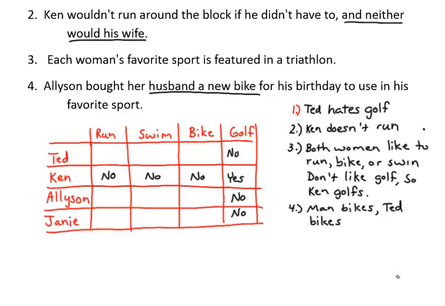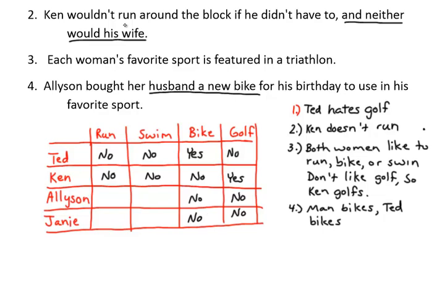So we'll put yes for Ted biking. So that means that he doesn't swim and he doesn't run. And so Allison doesn't bike and neither does Janie. Okay, so now what we have to do is we have to figure out who swims and who runs.